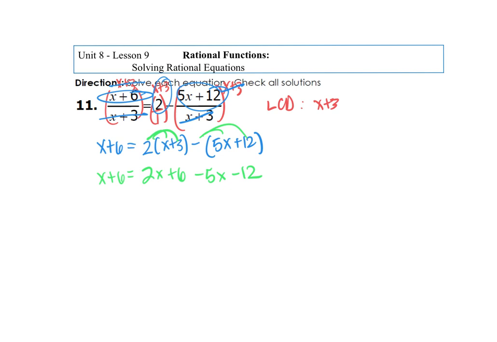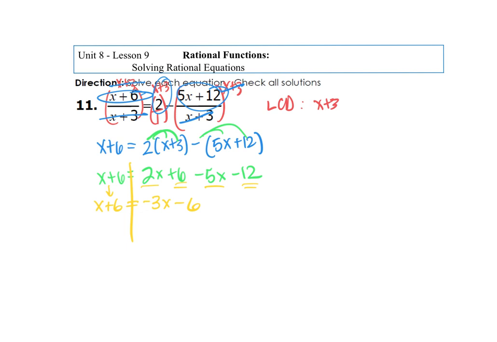Okay, it looks like this is linear, which is super nice. Makes it a little easier to solve. Let's combine like terms on the right side before we start moving things around. 2 minus 5 is negative 3x, and 6 minus 12 is negative 6. Let's bring this left side back down, x plus 6.